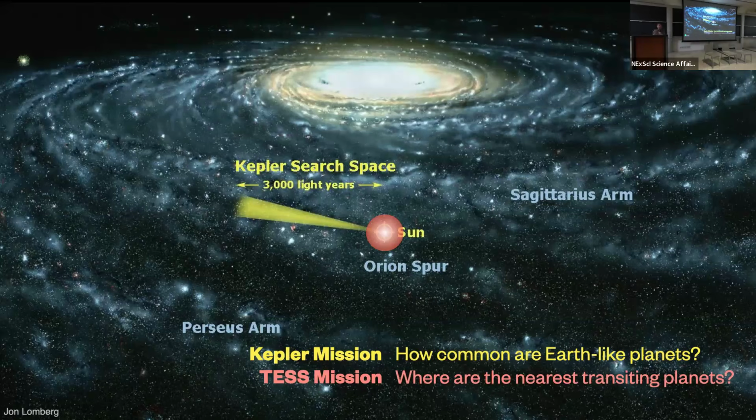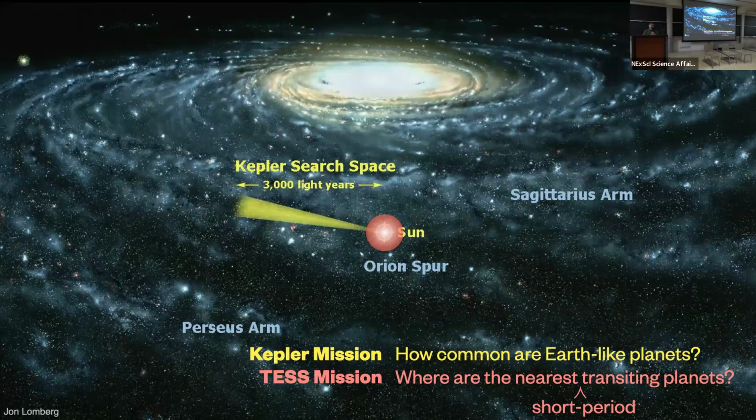It was designed after the lesson brighter is better had been absorbed, and its whole purpose was to find where are the nearest transiting planets? Where are the ones that we can suck out as much information as possible about the orbit, about the atmosphere, and so forth? And in particular, where are the nearest short period transiting planets, the ones that are easy to detect, easy to follow up on, and as we then knew, very abundant.